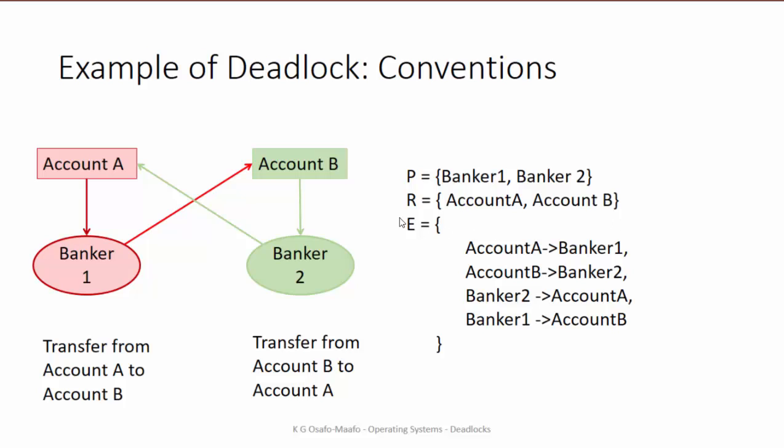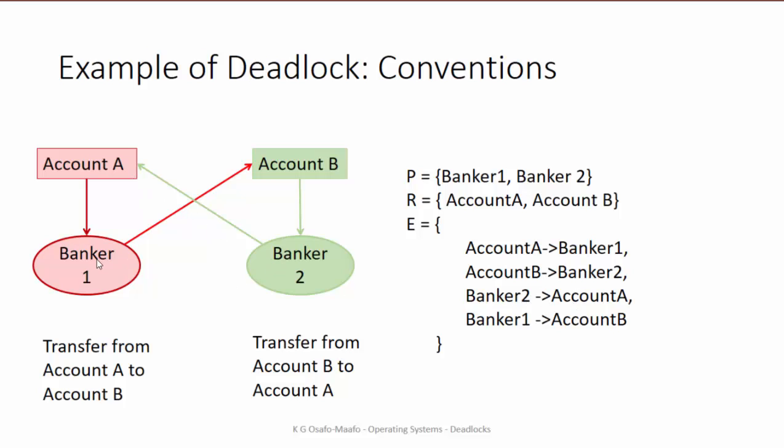E means edges. If the textbook doesn't make that clear, that's what it means. And an edge usually is traced from a source to a destination. So we have account A to banker 1, represented by this line. Account B to banker 2, represented by this line. Banker 2 to account A, represented by that line.